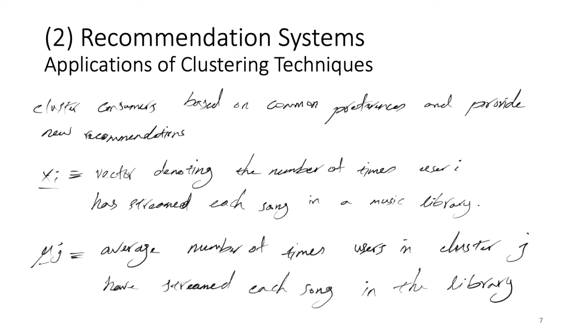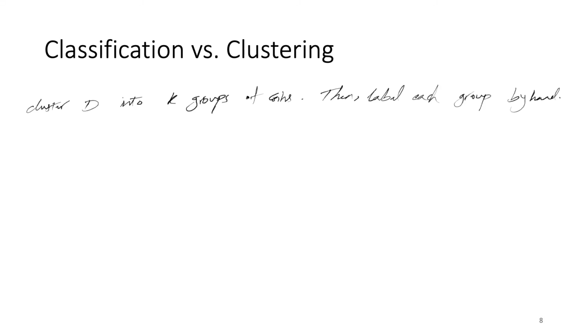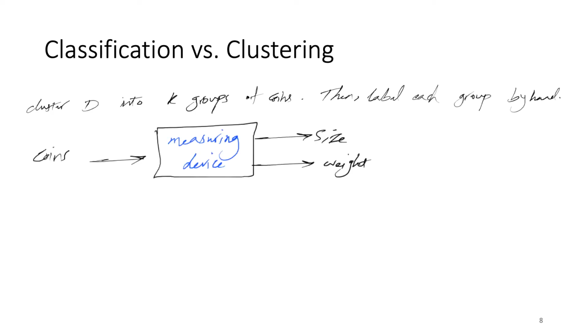Okay, so now going back to those coins. If you were to classify them, it would just be like clustering D into K groups. The first part would be clustering, and then labeling each group by hand, if you knew the labels. But now you're facing only clustering, you don't have any labels. So how are we going to gain some information about the coins?